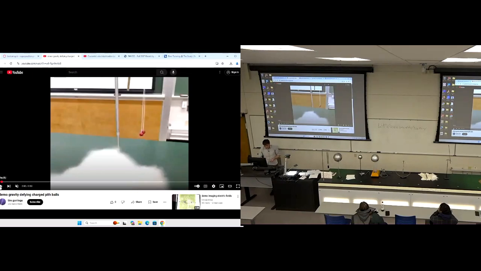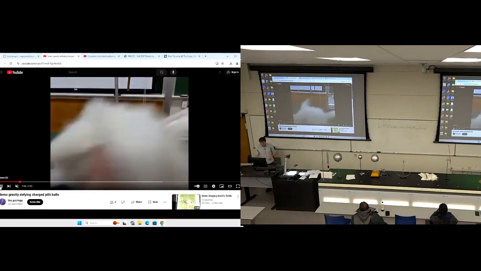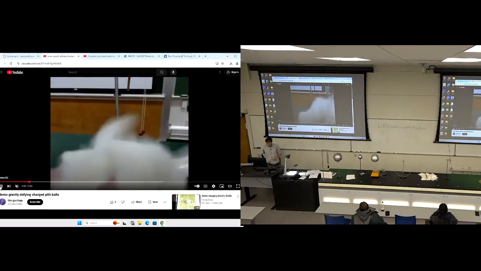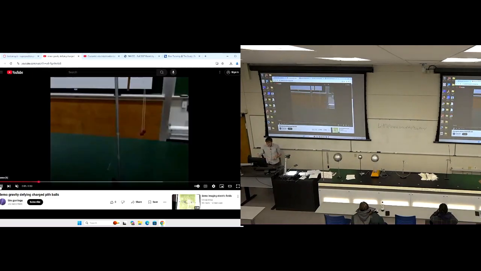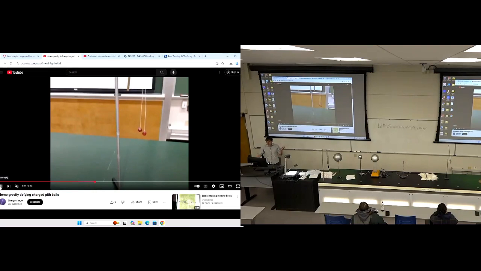And so let's watch how it works. Again, I've gone back to the plastic pipe and the cat's fur, and I'm charging up the plastic pipe by rubbing. We know how that works. I touch the two balls, and now, look, they're no longer hanging vertically. They're hanging at some angle to the vertical, and that's because they're no longer under the influence of just gravity and the tension in the string.